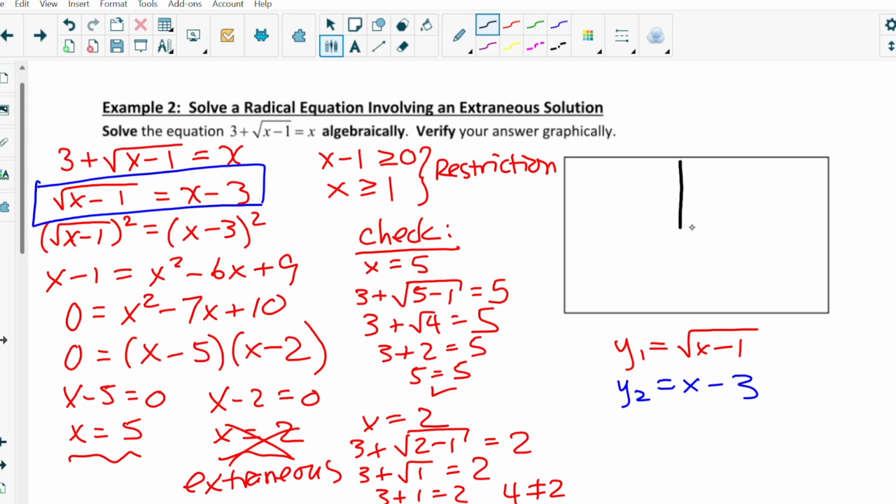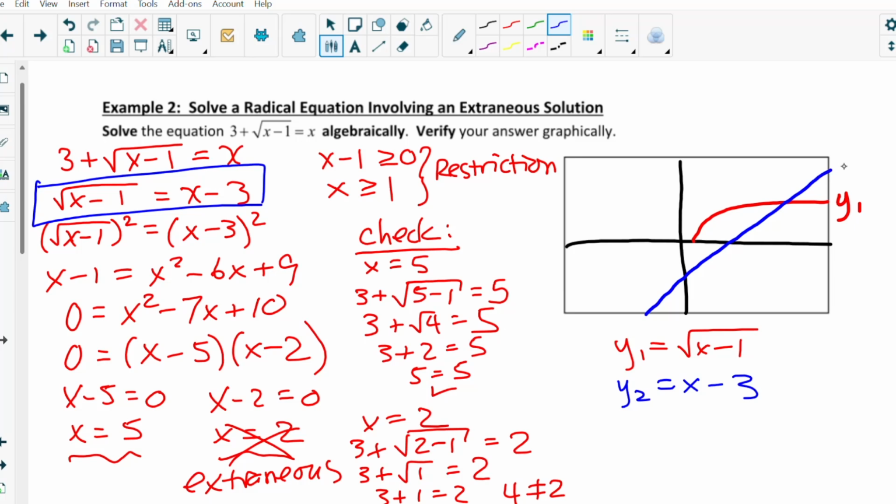So when I graph this, folks, it's going to look something like this. y1 is going to be like that, so this is y1. y2 is going to be something like this. Okay, and then here's our intersection point.